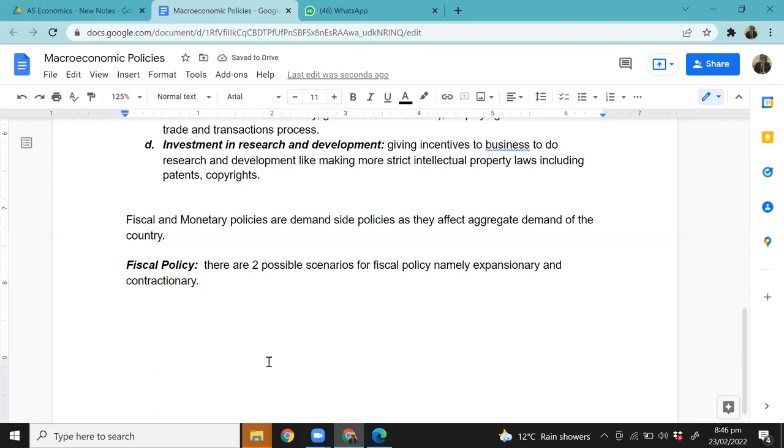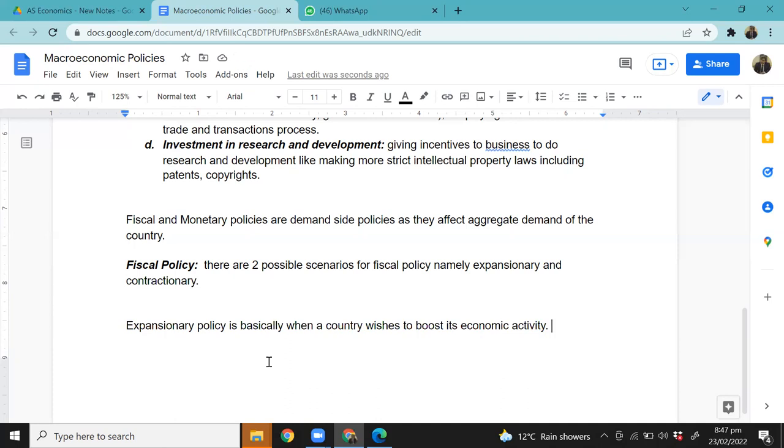But expansionary, as the word suggests, what do you do in expansionary policy? When a country wishes to boost its economic activity, right? So when you're trying to boost your economic activity, then you have to do what? You have to lower your taxes. Yes or no?